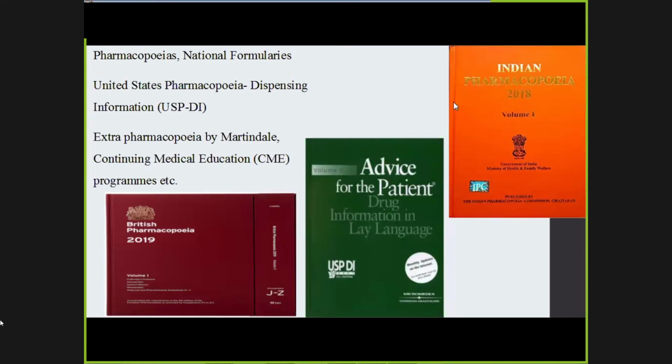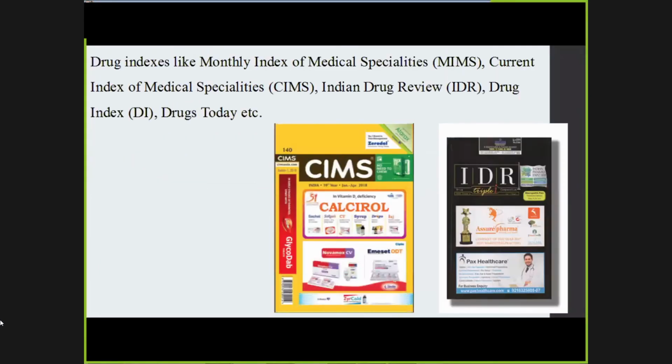In a pharmacopoeia, you will find details of some medicines. For example, how the active ingredient of that medicine was obtained, the source of the medicine, how the medicines are prepared in the laboratory, how they are compounded. All this information in detail you will find in these books. Other books like Monthly Index of Medical Specialties, Current Index of Medical Specialties, Indian Drug Review, Drug Index, Drugs Today.